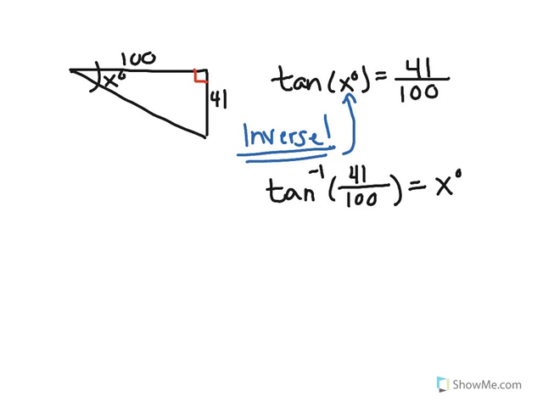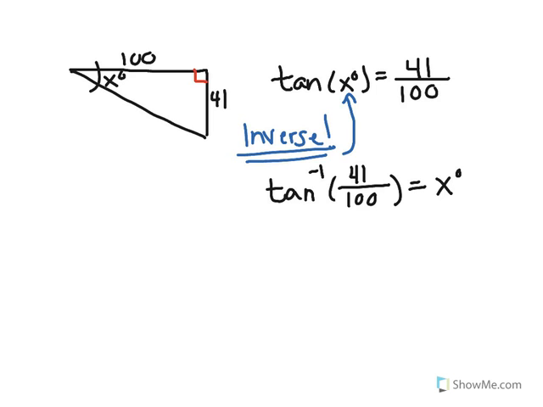When you look at your calculator, if you look directly above tangent, not the next button, but just above in blue or yellow, you'll see tangent to the -1, and that means that's the inverse. You have to press the second button to get there. So I'm going to do second tangent, and then I'm just going to enter in that ratio, 41 divided by 100.